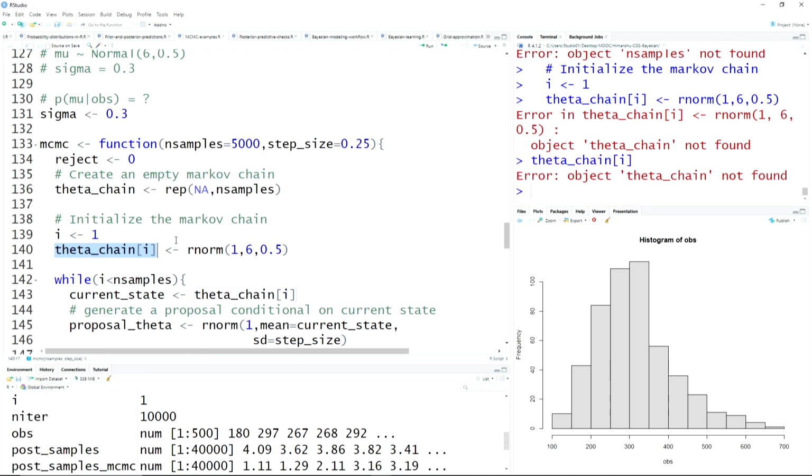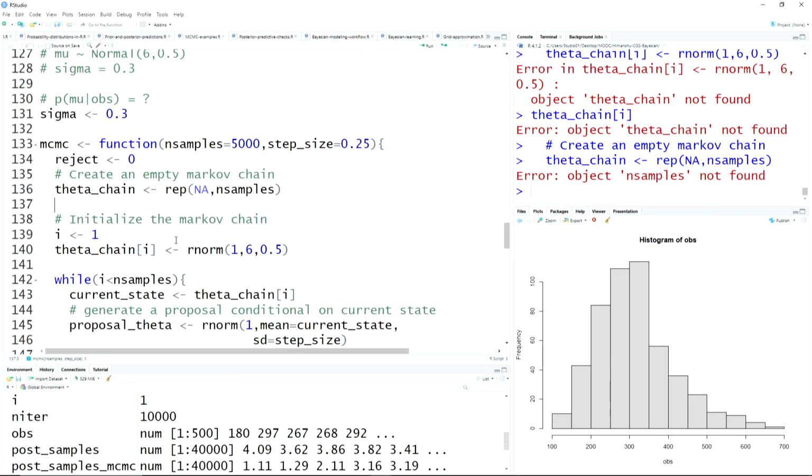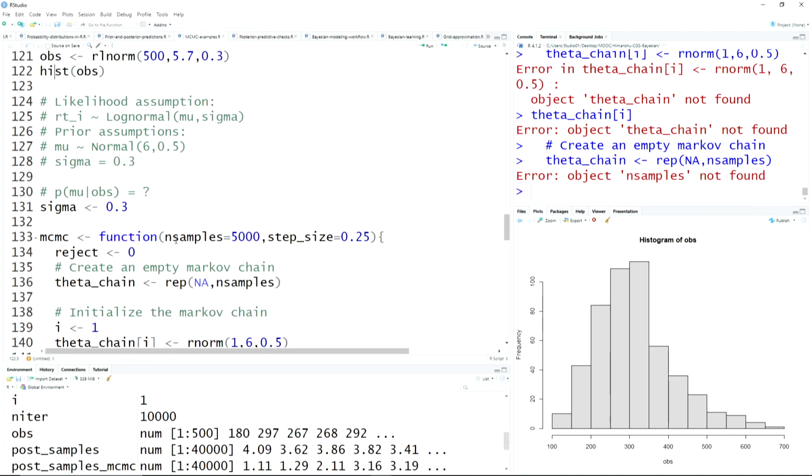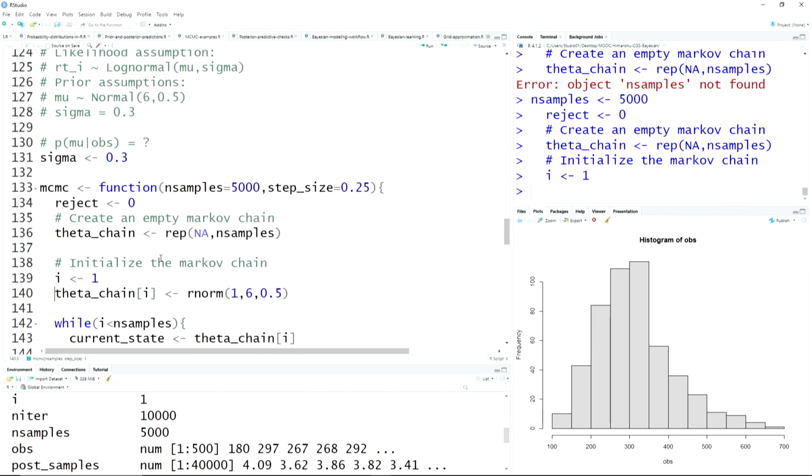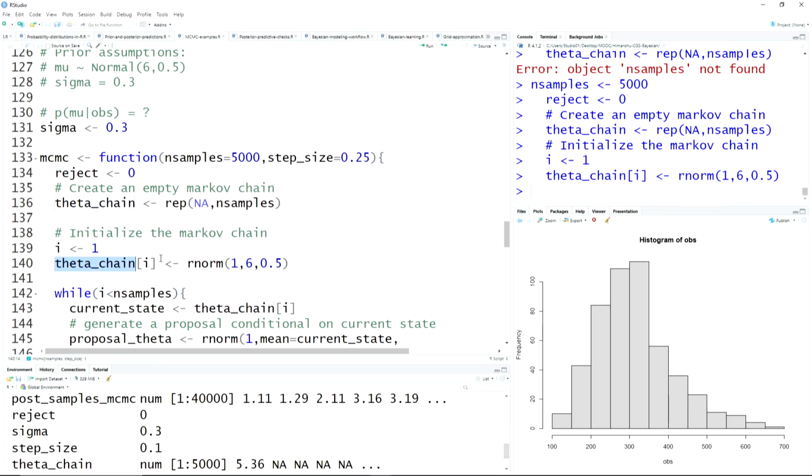So okay, number of samples not found. So let me just say number of samples is 5,000. Okay. So now I created an empty theta chain, and now I created the current state of the chain.